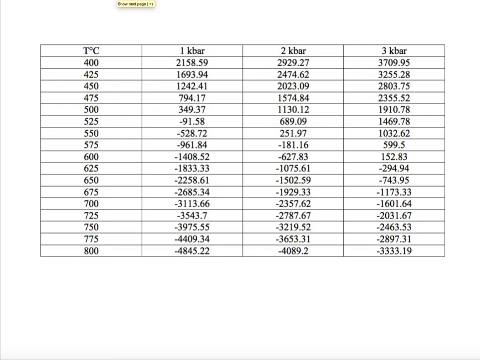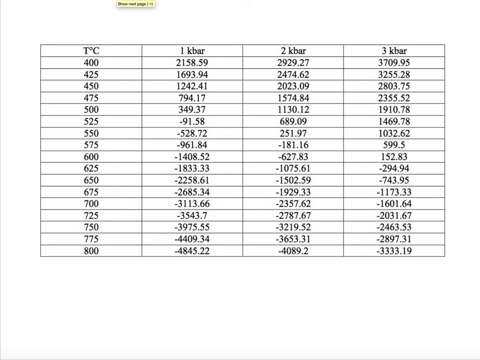Here we have the table, and if you have followed the class, the reaction always goes where the Gibbs free energy becomes zero, so it should be an easy thing to draw the 3 reaction curves, at 1 kilobar, the next one at 2 kilobar, and the next one at 3 kilobars.